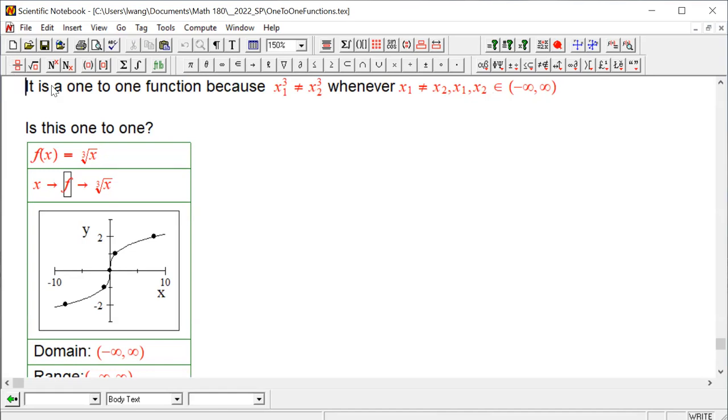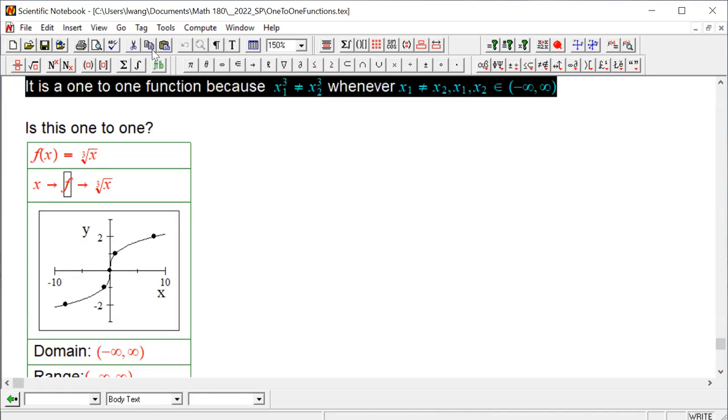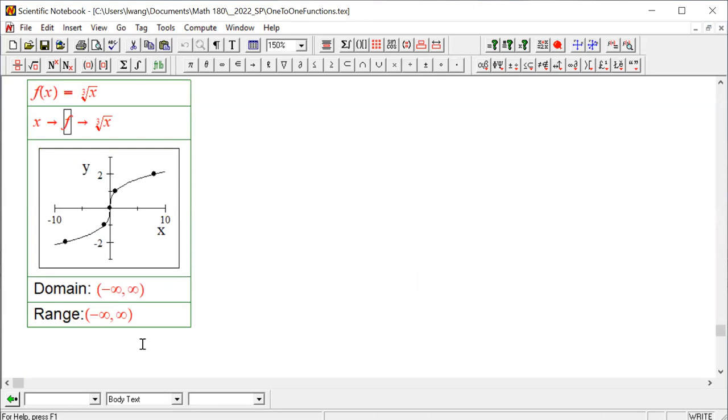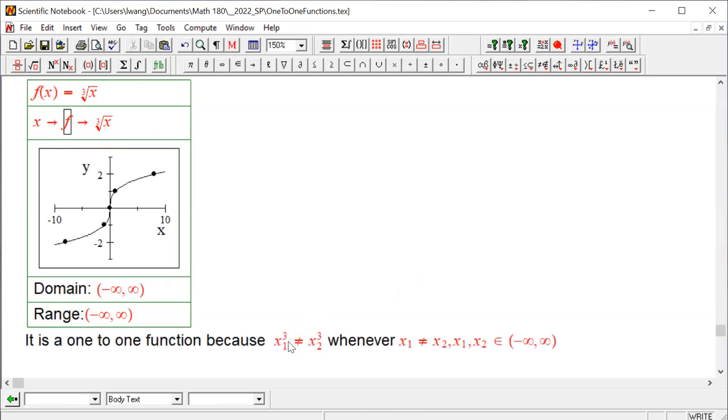If you use more specific language here, it is going to be similar, except now it's a cubic root. So the cubic root of x, the domain is all real numbers, right?